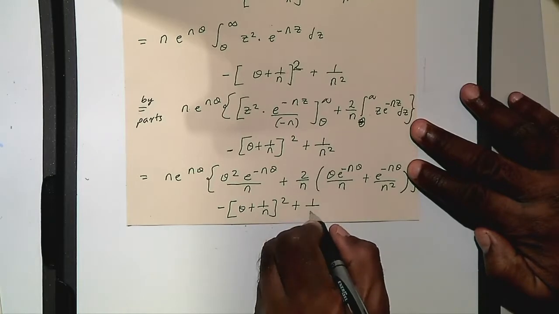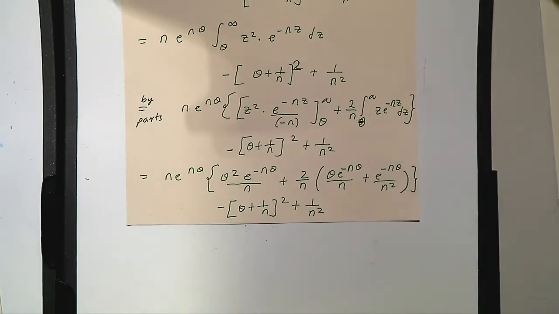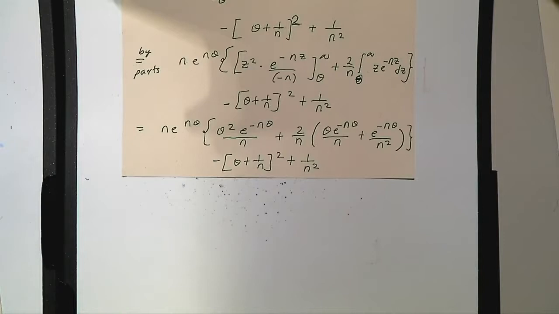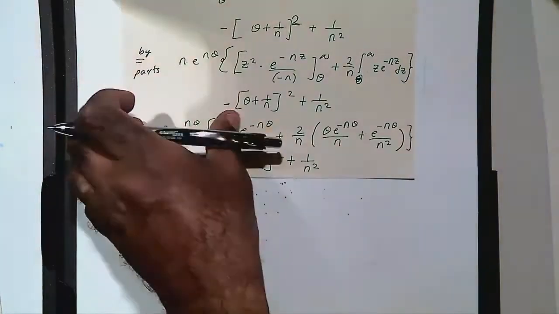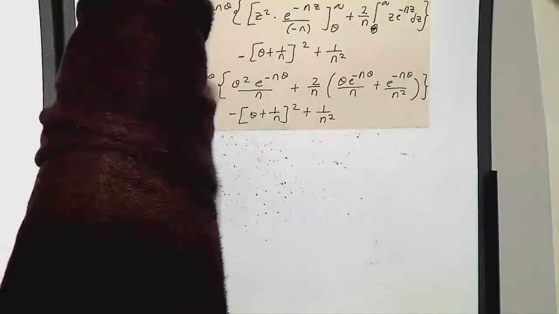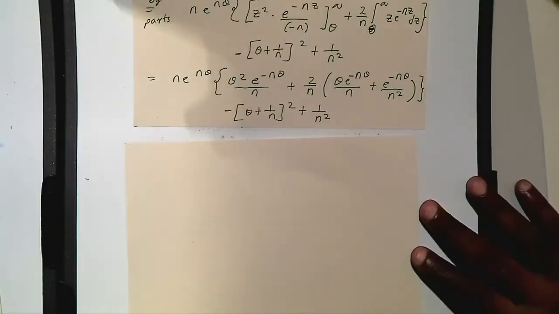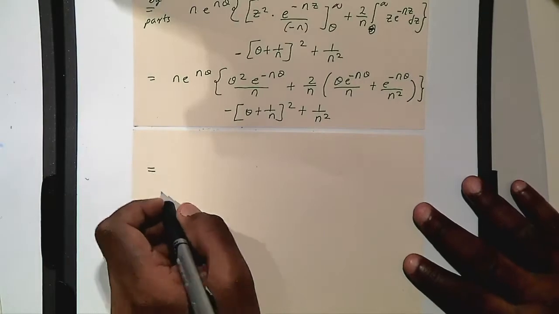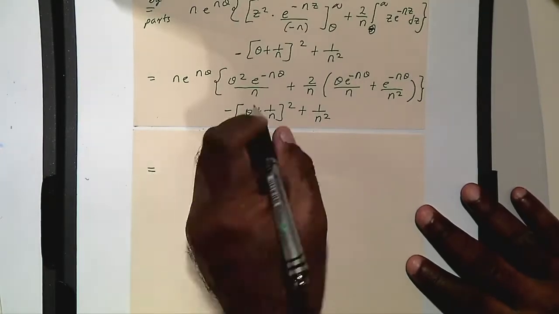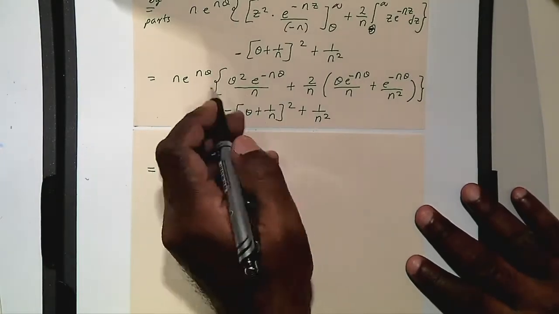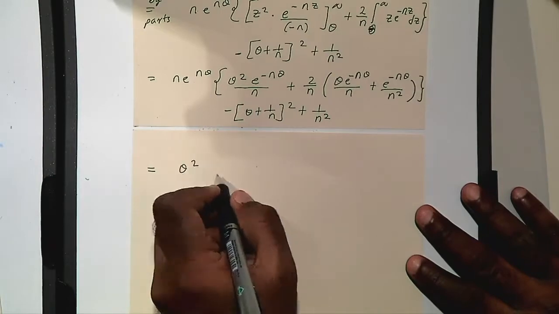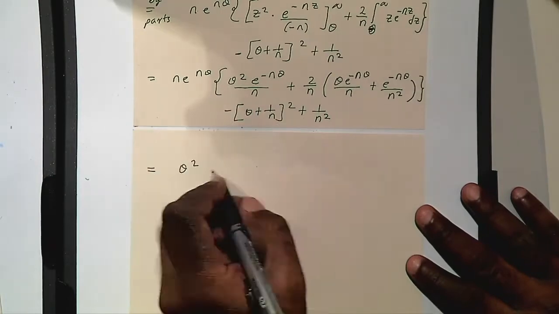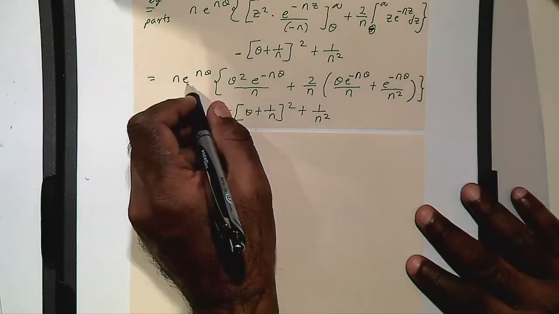All right, this is what you get, right? So this is your MSE. Now you should simplify this, guys. If you simplify this, you will get what you want. So this goes, so it will be theta squared, and the n and the n cancels.